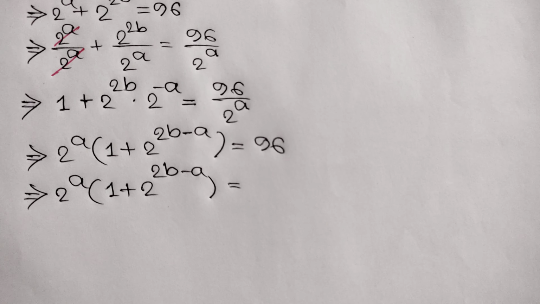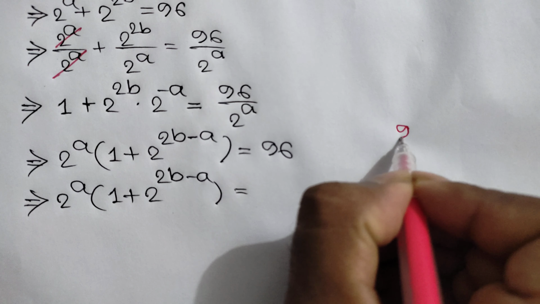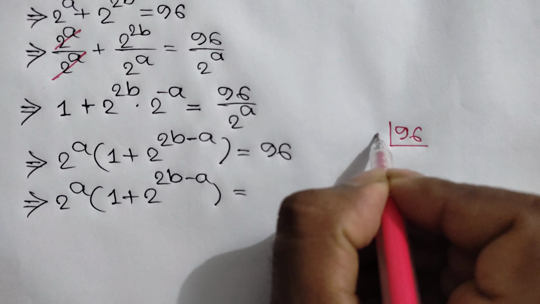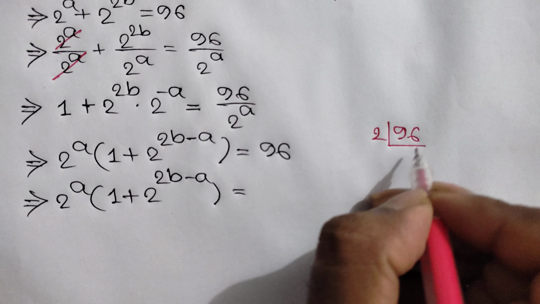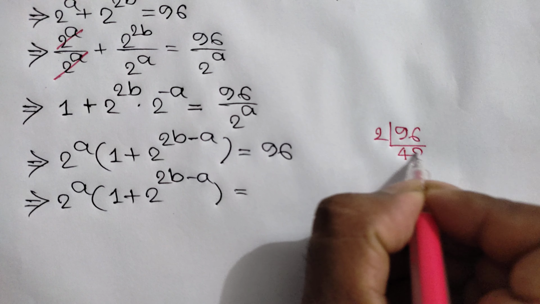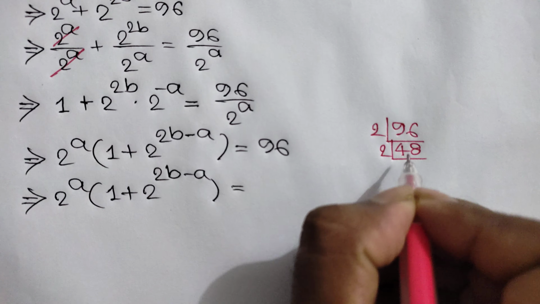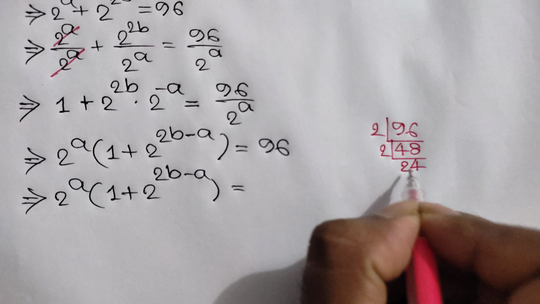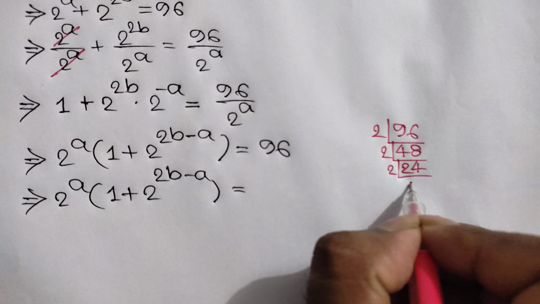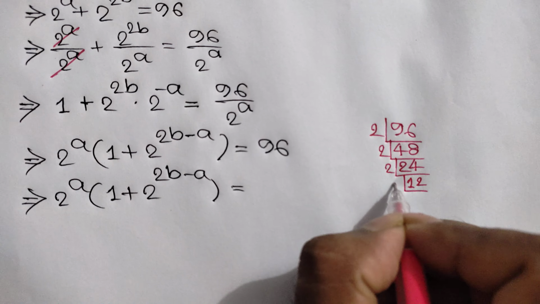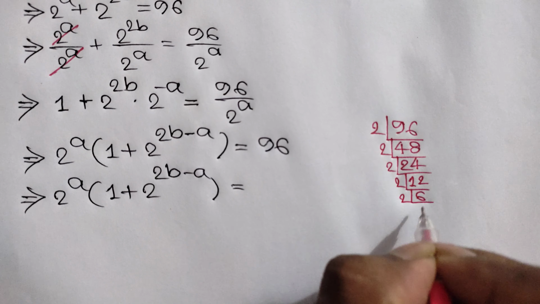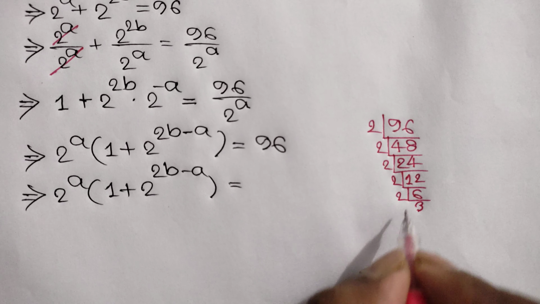factorizing 96: divided by 2, here we will get 48, again here we will get 24, now 12, now 6, now 3.